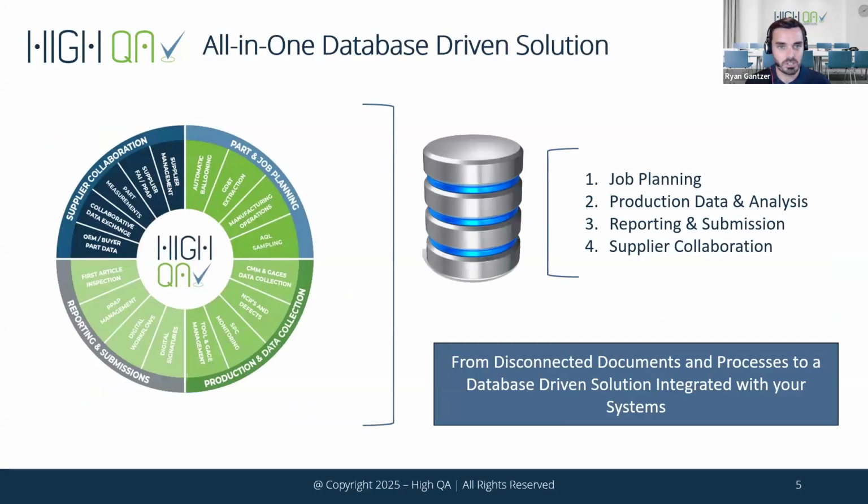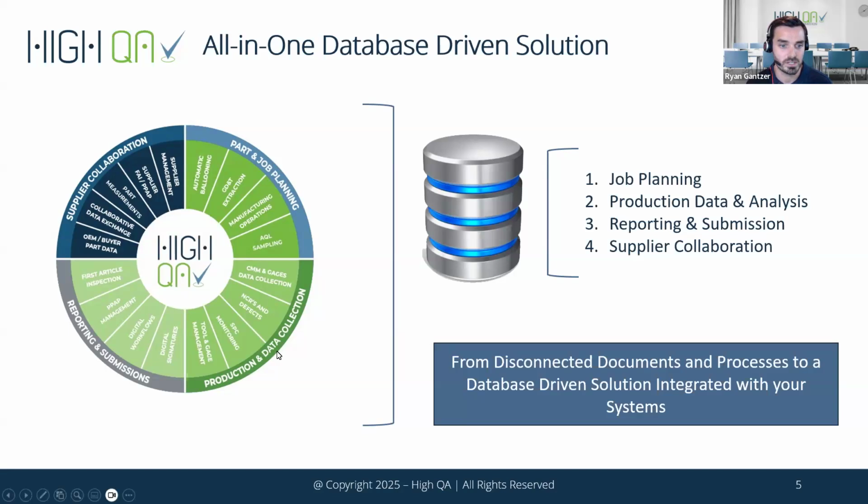All right, so as I mentioned earlier, we are a database-driven solution. So everything that you can see over here on the left within that wheel is done inside the database. At the end of the day, we're all about saving time. HiQA actually stands for high quality automation. So separated out into 4 different categories, we have our part and job planning.